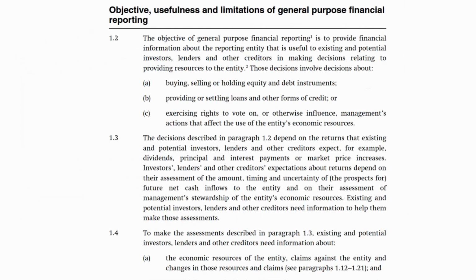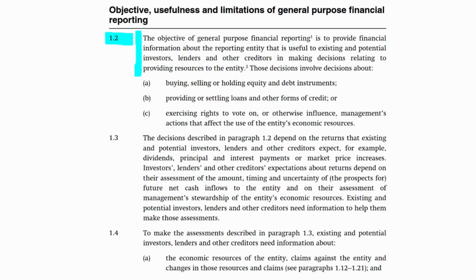So on the screen now we're displaying the IFRS conceptual framework, and we can see in paragraph 1.2 there we have the objective of general purpose financial reporting, and the 4 marks were available for effectively memorizing this paragraph, which is available in your learning materials, and identifying the various components of this paragraph that help to explain what the purpose is all about.